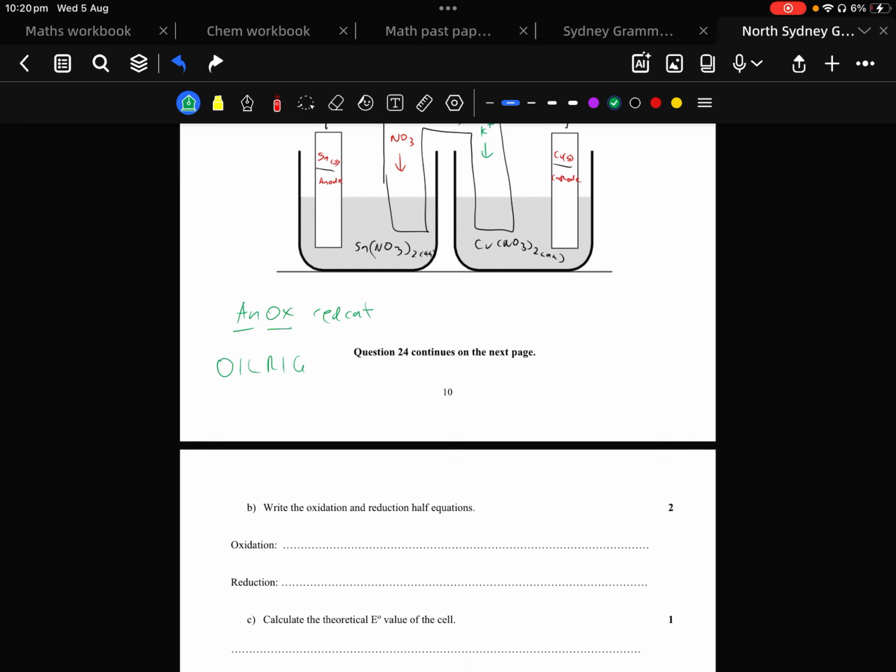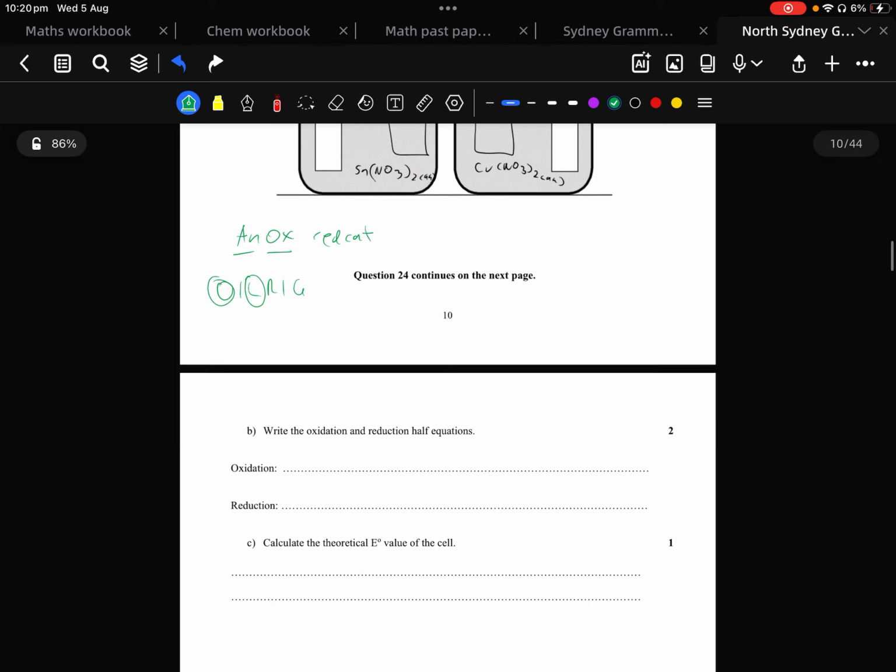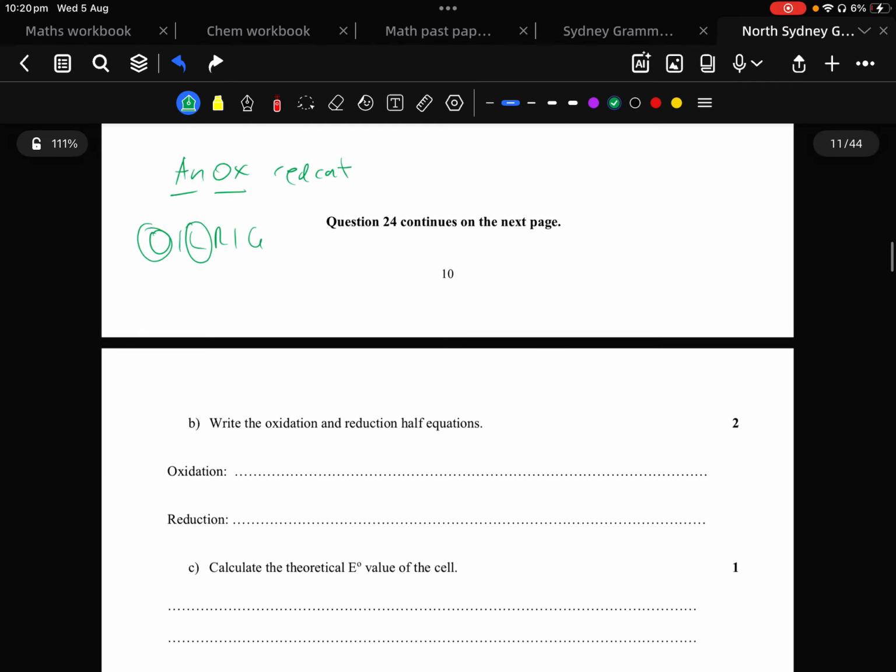We know oxidation is the loss of electrons, so we can write Sn loses 2 electrons, and reduction.